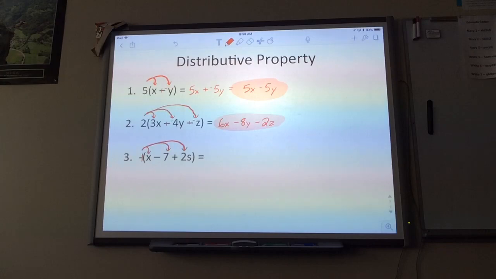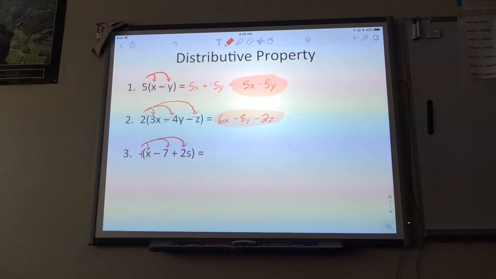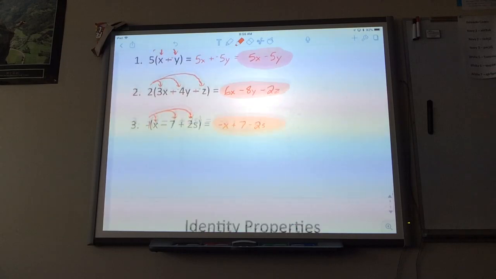There was a slide that literally just said the opposite of on the top, because that's all that means. So everything inside becomes its opposite. Negative x, positive 7, negative 2s. So that's the opposite of.